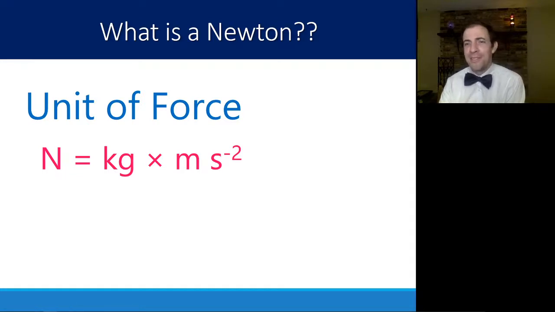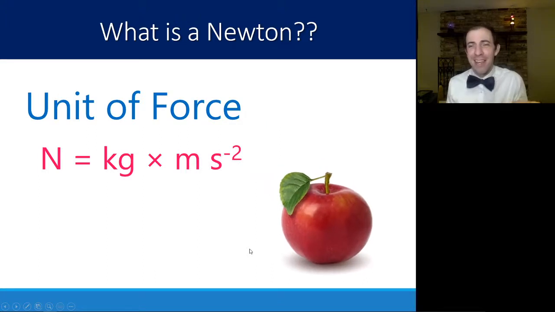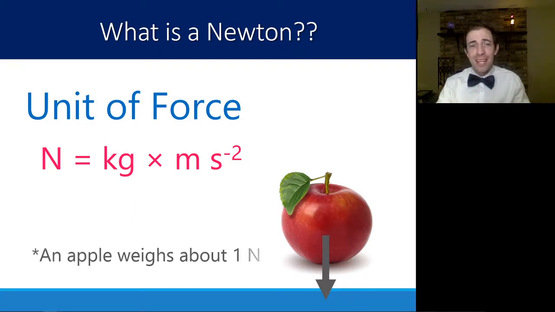We don't use newtons too much in our everyday lives, so it's useful to have some conceptual model, a reference point, when we talk about newtons and how big they are. So I'd like you to imagine that you're holding an apple in your hand. This apple is pushing down on your hand because of the force of gravity, but your hand is also pushing up on the apple. Equal and opposite force. Turns out that force is about 1 newton. Obviously, it's going to be different depending on the size of the apple.